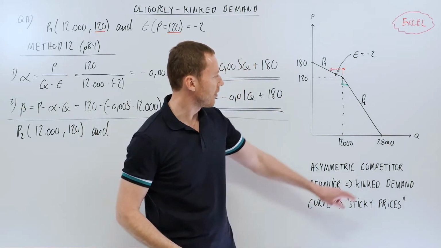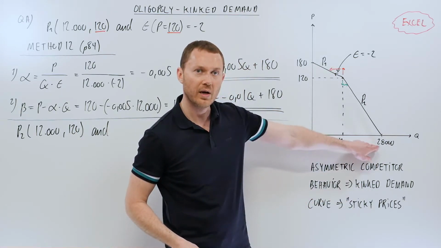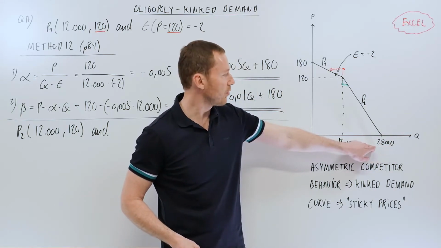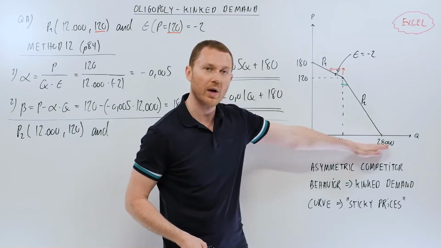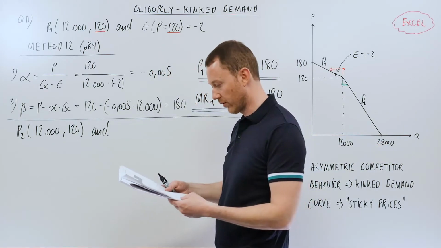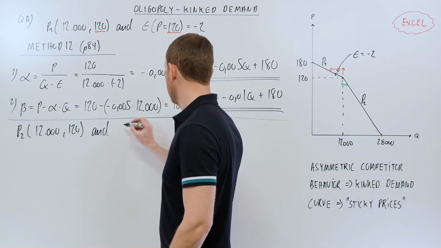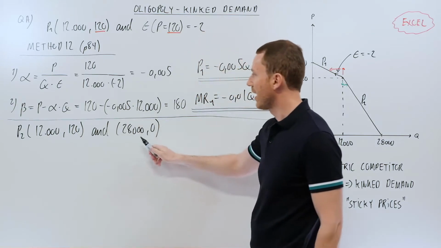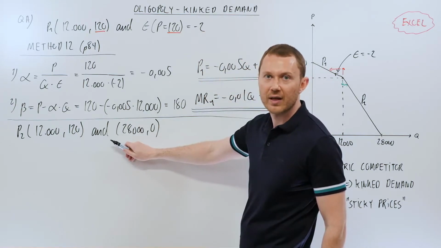But here we also have another point of 28,000, 0. So remember, the p-value is 0 at the intersection with the horizontal axis. So here we get another point, 28,000, 0, and from that we can use method 10.